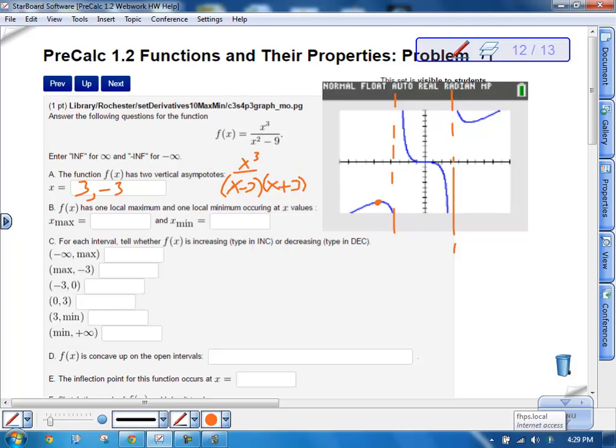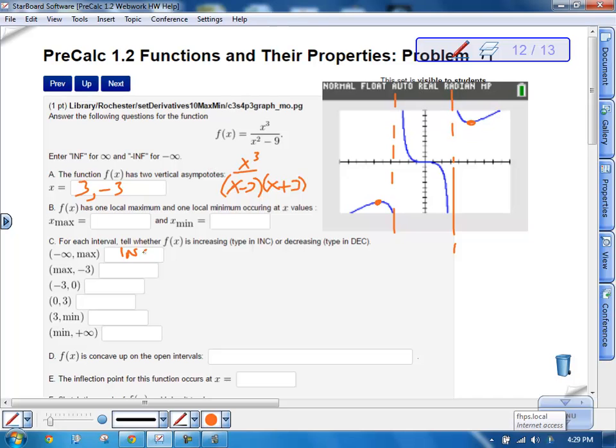Well, here's the local maximum, and here's the local minimum. So I'm going to have to find those the same way I did in the last problem. What you guys can do is do second calculate maximum here and second calculate minimum here. And then for each of the intervals, from negative infinity to this maximum, it's saying is it increasing or decreasing?